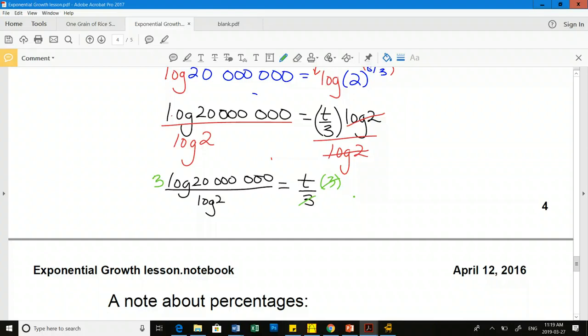So if I enter this into my calculator, remembering that if my calculator opens a bracket here, I want to close that bracket, but you're going to do 3 times the log of 20 million equals, and then divide that by the log of 2.